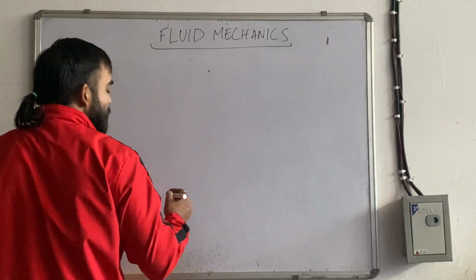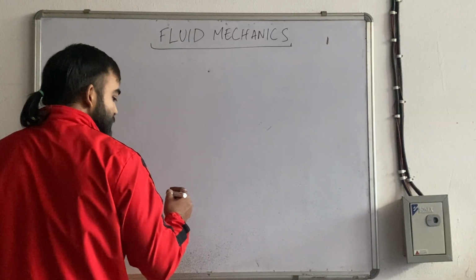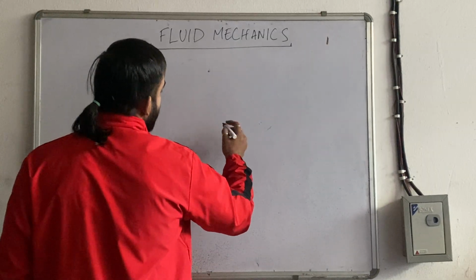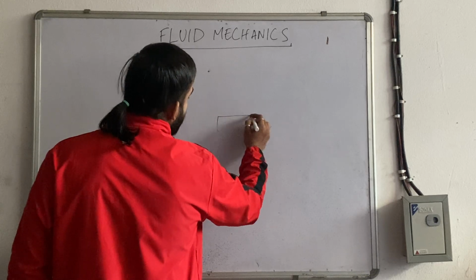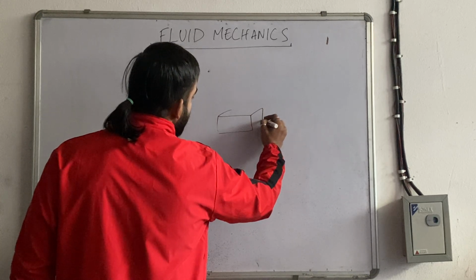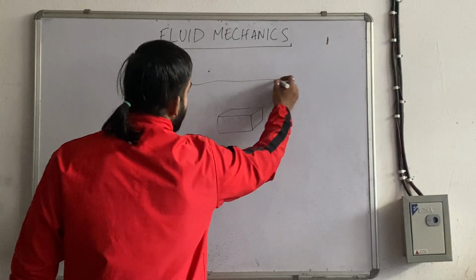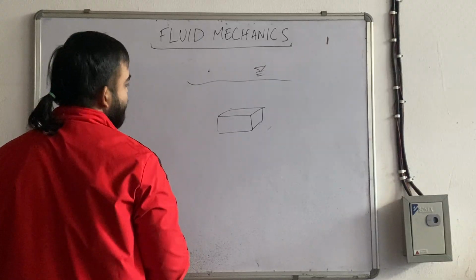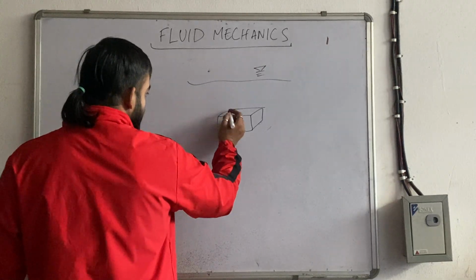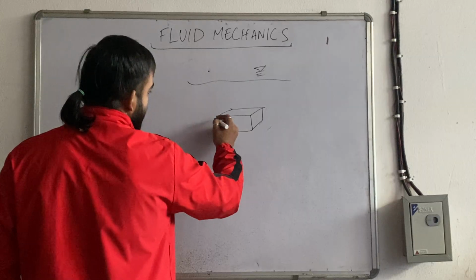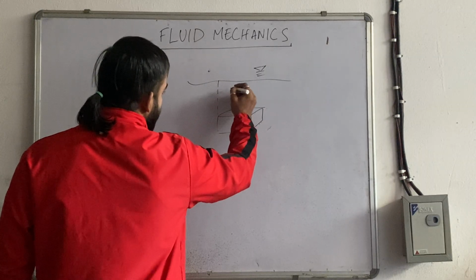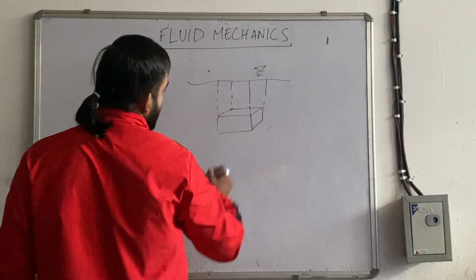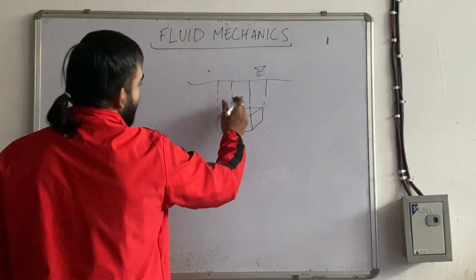Now, how pressure is used to calculate the hydrostatic forces acting on a body. For example, this is a cube submerged, and we need to calculate the force over this area. So what we will do is project this upper surface area to the free surface, and we will calculate this value.